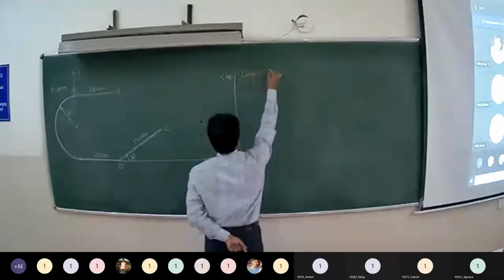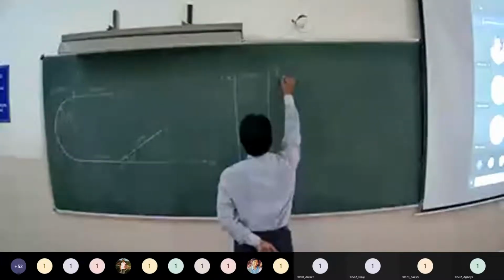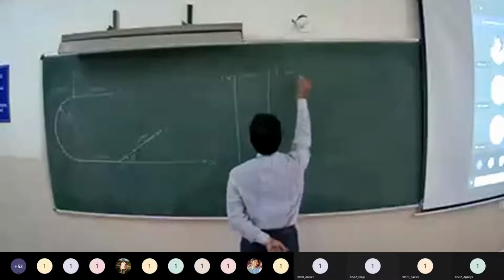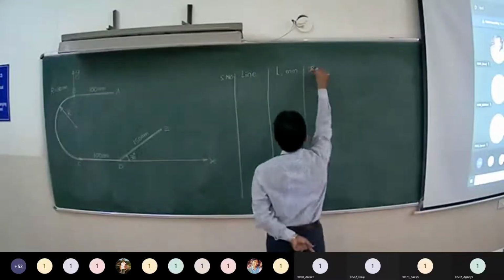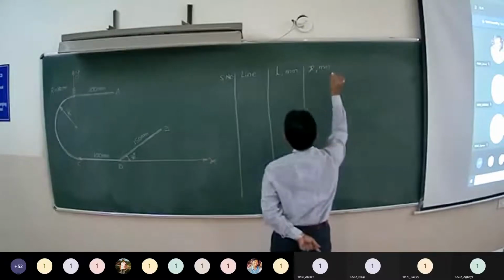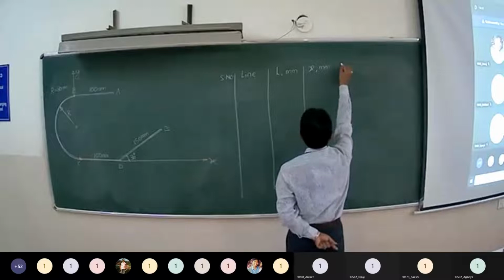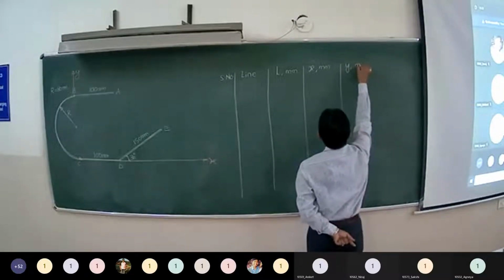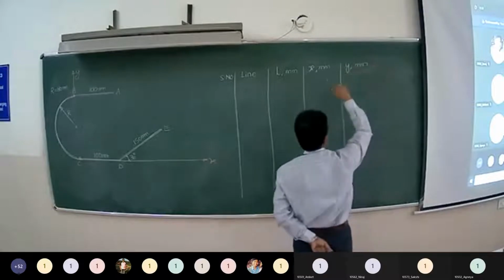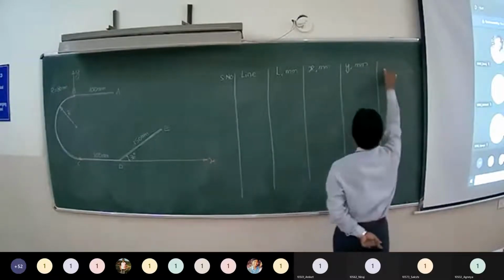Line, length of the line in millimeters, x means distance of centroid of the line from y-axis in millimeters, y distance of centroid of that particular line from x-axis in millimeters.